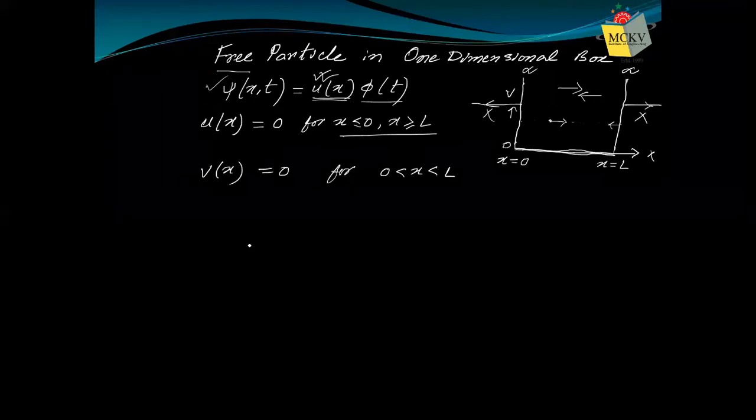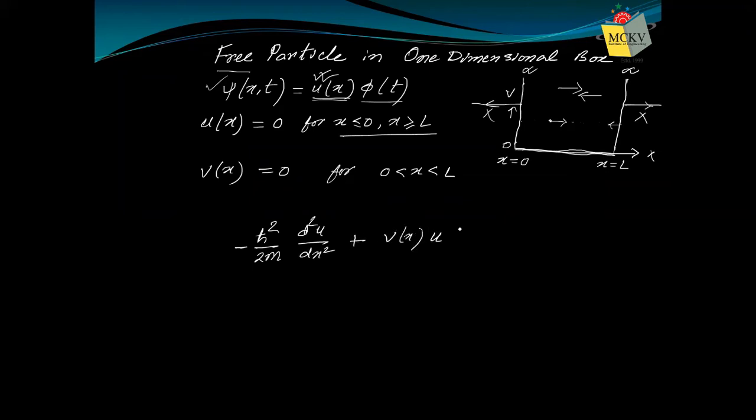And what was that time independent Schrodinger's equation? If you recall, it was minus h-bar squared by 2m d2u/dx2 plus V(x) u equals E u. That was your time independent Schrodinger's equation. There is no time involved here.